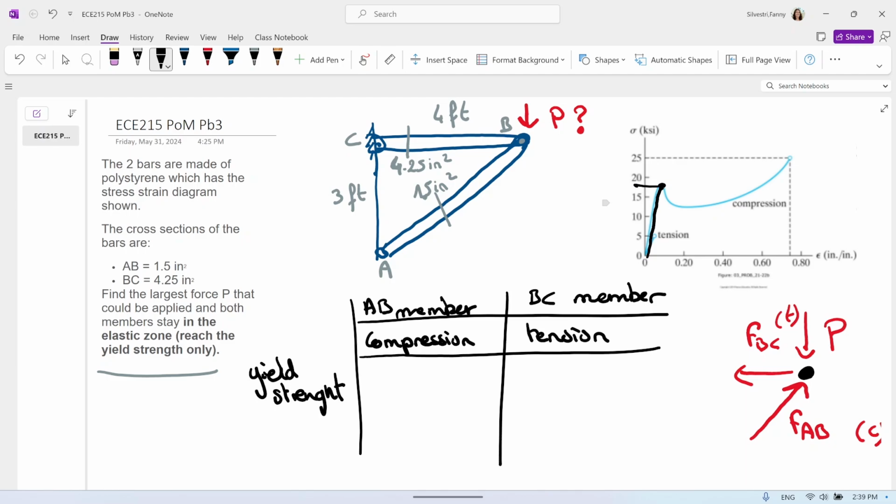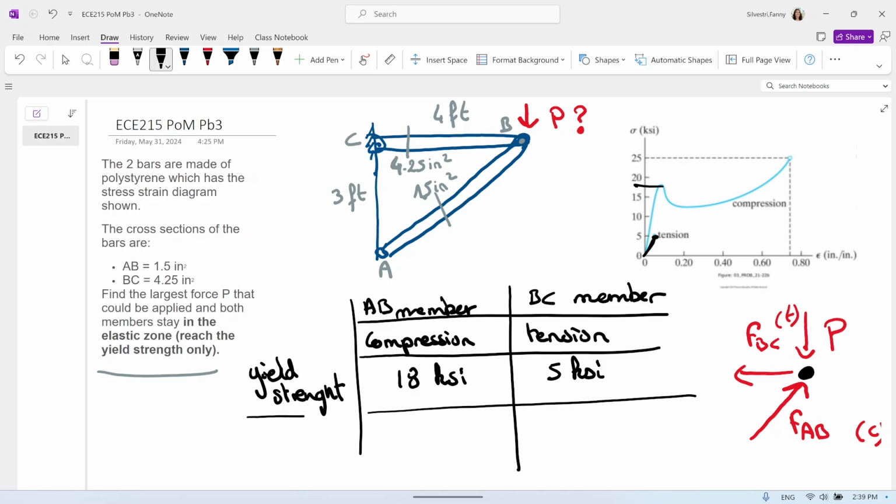So my yield strength will be 18 kilopounds per square inch. For the tension, we will be on the small curve there, and you see we pull and it breaks right away. So there's no plastic zone at all. So we are at 5 kilopounds per square inch for this one.